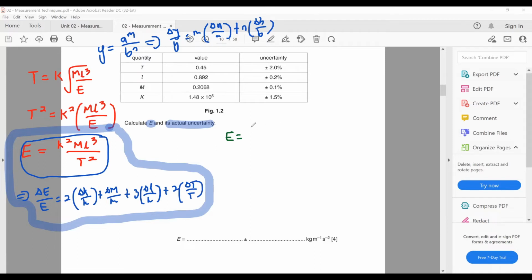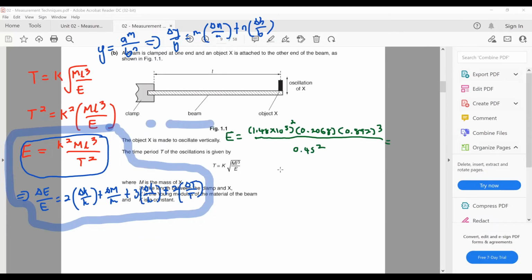So you have 1.48 times 10 power 5, squared, times 0.2068, times 0.892 cubed, divided by T squared, 0.45 squared. Then you should get some value.